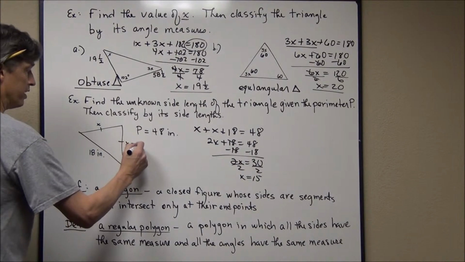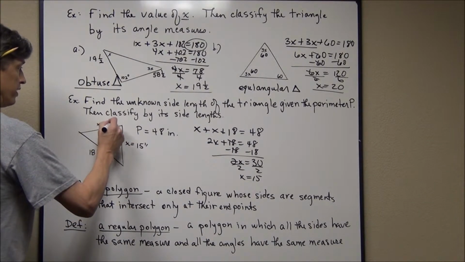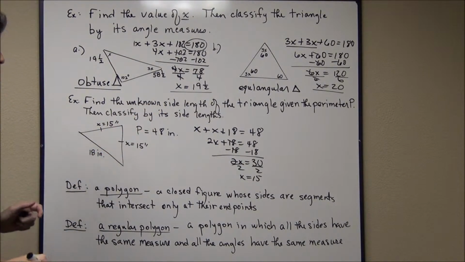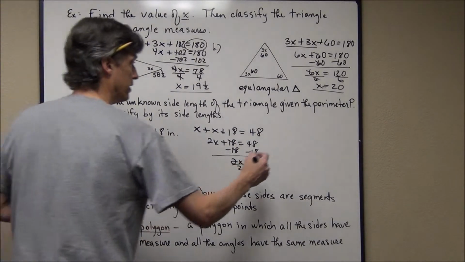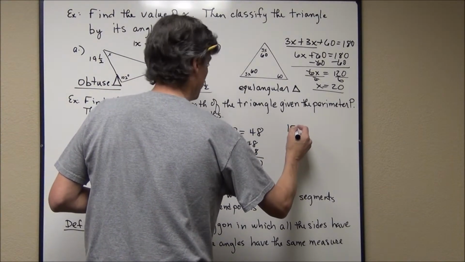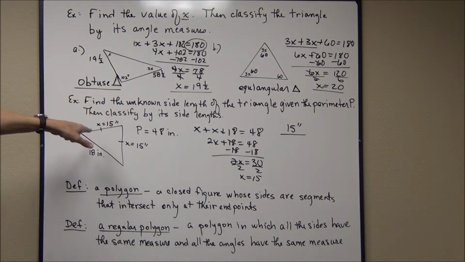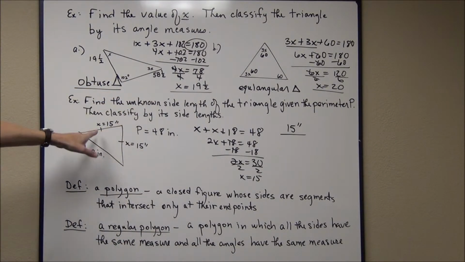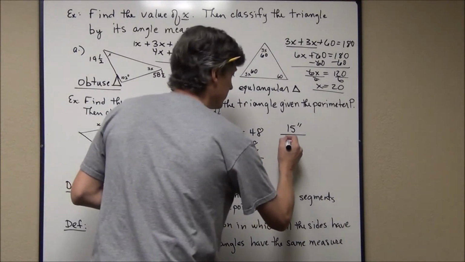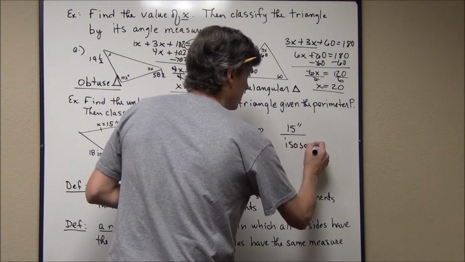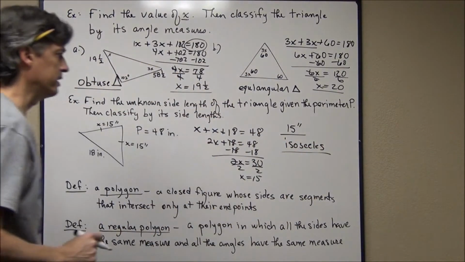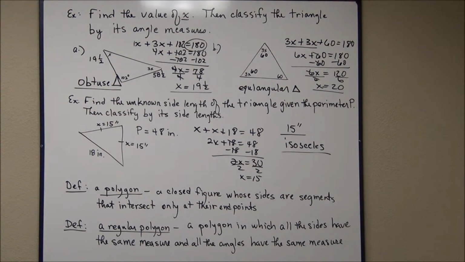So this is 15 inches and this one is 15 inches. Find the unknown side lengths of the triangle, so definitely 15 inches would be the lengths of the unknown sides there, and classify it by its side lengths, well, it's isosceles. I always want to leave out that second S in isosceles for some reason.